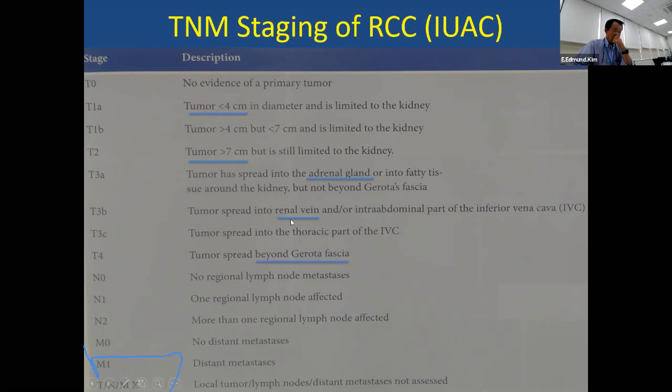Always check the renal vein, portal vein, adrenal gland, and extension outside the kidney through Gerota's fascia. In my experience, almost all clear cell renal cell goes to the lung. It's a matter of time, but we usually detect it within 5 to 7 years after initial diagnosis. They all go to the lung.